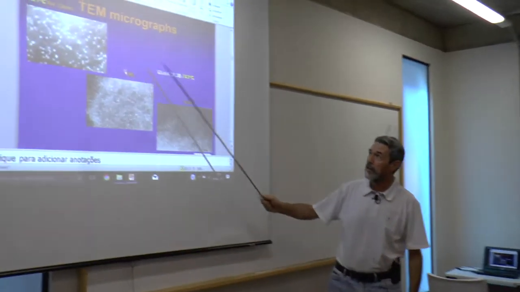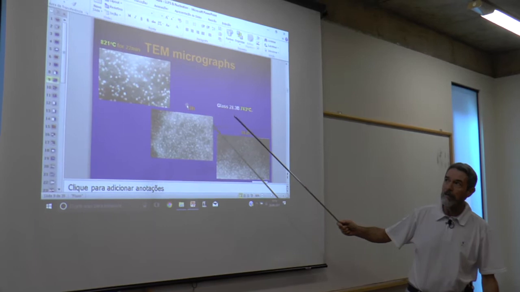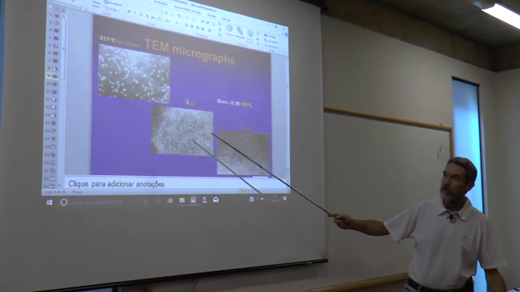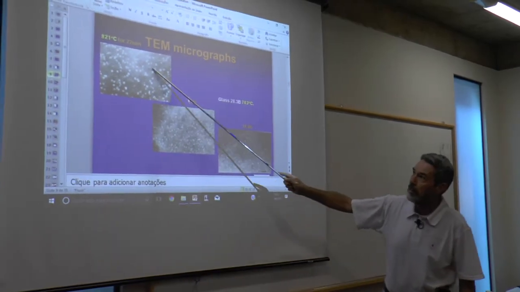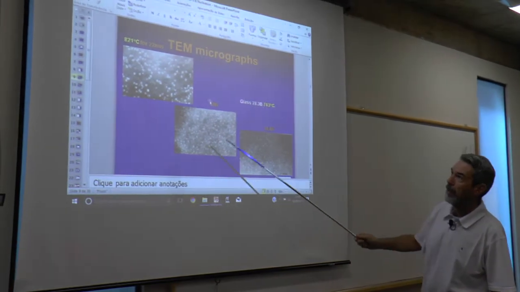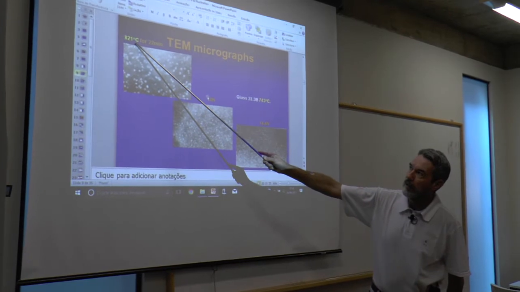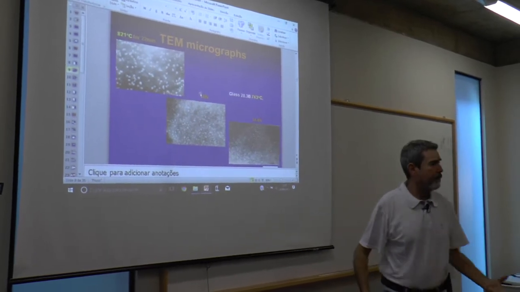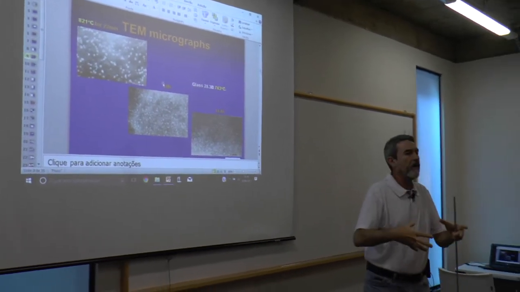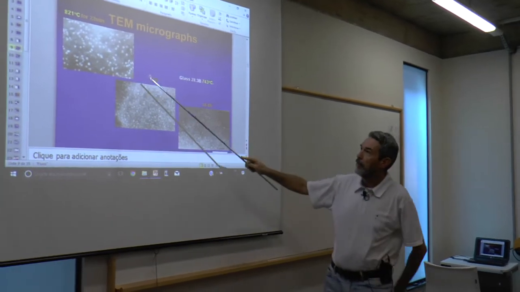So take a look here. This is a barium silicate glass showing this phenomenon, and you can see the phase separation. In this case, it's a glass treated at a certain temperature for some time to develop these droplets.